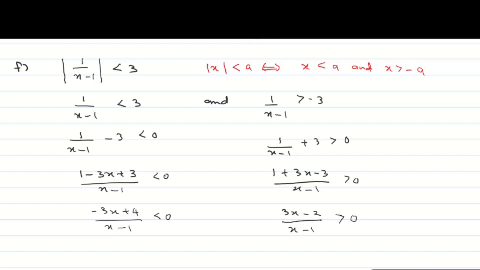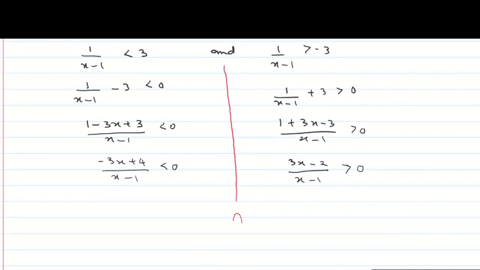Okay. The third step is we are going to solve this inequality by using table of sign. Okay, remember here the word is and. At the end of the solution, we are going to find the intersection between the two intervals.